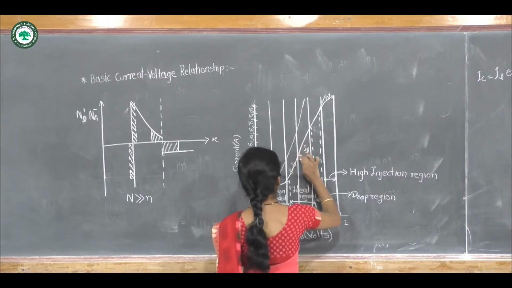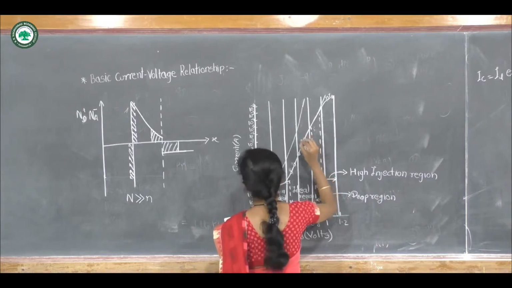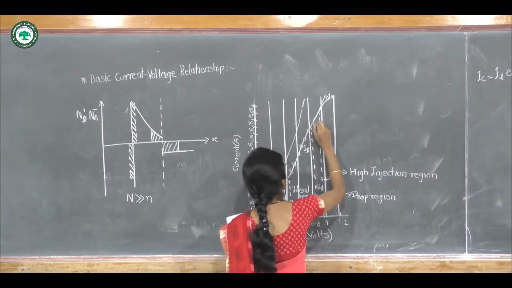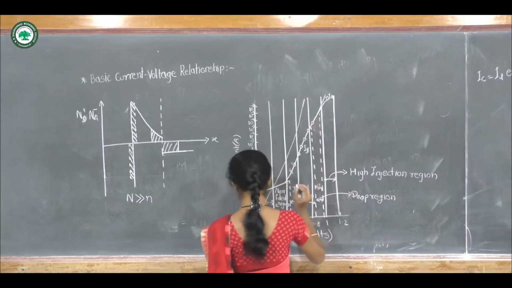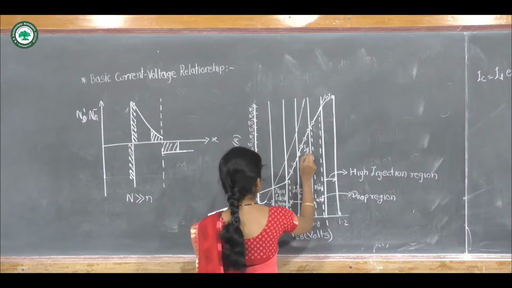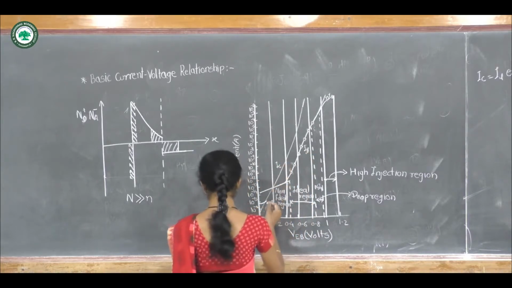So these are the points for the variation of current as a function of VEB. That is, this is the variation in IB and this is the variation in IC.